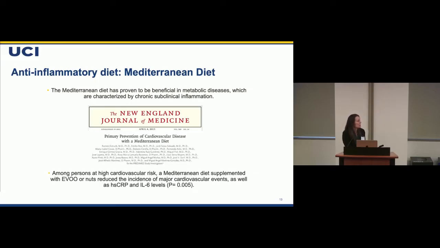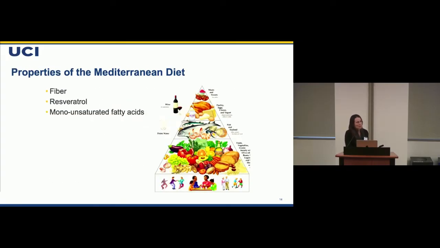It was able to demonstrate a reduction in biomarkers of inflammation. So we thought that because myeloproliferative neoplasm is also a chronic inflammatory disease, it might be useful in this patient population to incorporate a Mediterranean diet.